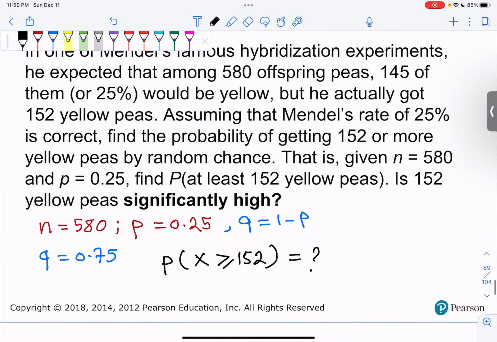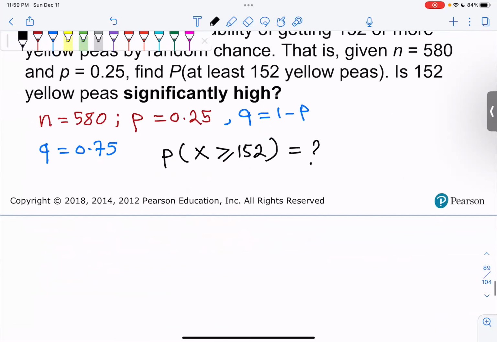Okay, so let's see here. If we want to use, so the first step, let's find this probability using the binomial distribution.